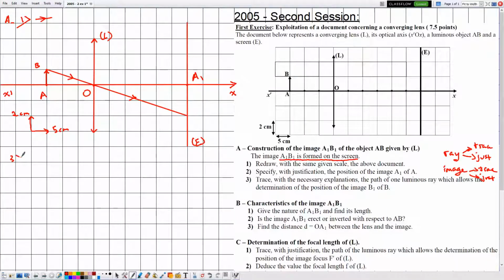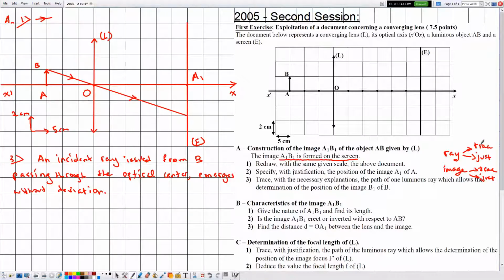Here we are in number 3. Then the justification of this ray is given by an incident ray issued from B passing through the optical center emerges without deviation.